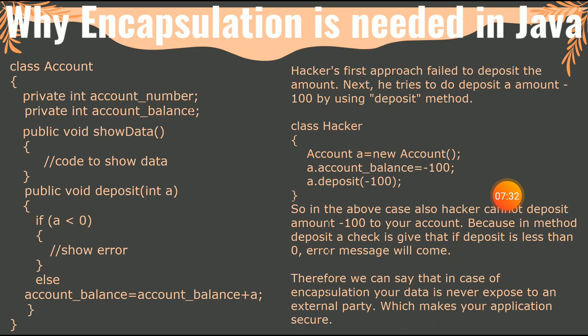Just look at public void deposit: if a is less than 0, an error will come. So again the hacker will not be able to deposit the money. Therefore we can say that in encapsulation your data is never exposed to an external party, which makes your application secure. So that's why encapsulation is needed.